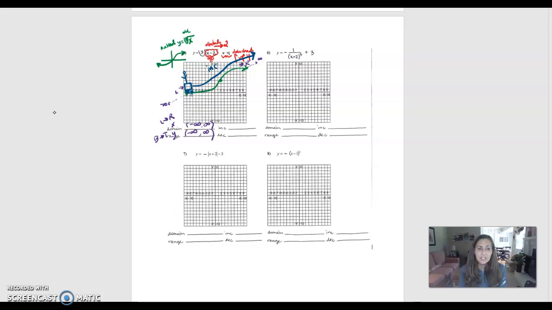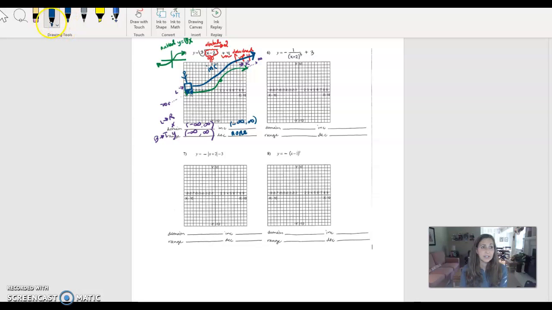Just because we have this special point here does not mean that it changes directions. That is not always considered a turning point. Your body is still going up, up, up, up, up the entire time. So it would be forever increasing from negative infinity to positive infinity, and it would never decrease, or you can put never or none. Okay, so that's number 5.